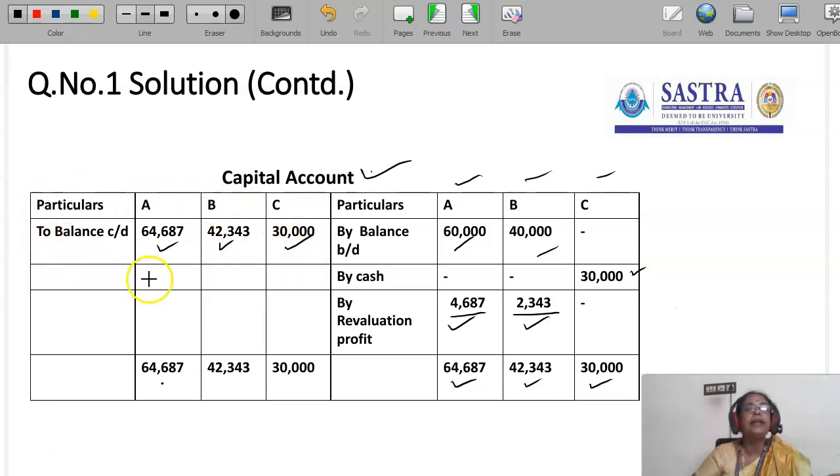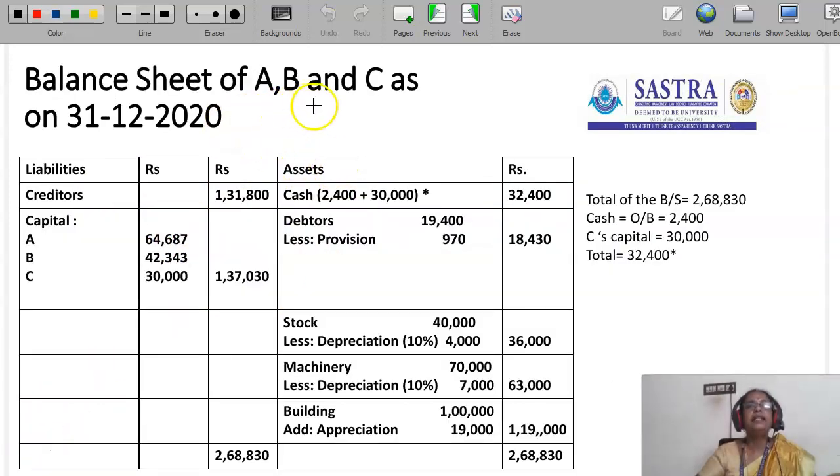This is the capital of A, B, C at the time of admission of C. Now this is the balance sheet of A, B, C as on 31st/12/2020. Under the liability side, creditors given in the balance sheet is 1,31,800. There are no adjustments for creditors, so the same amount we have to enter, that is 1,31,800. Then capital we have already calculated.